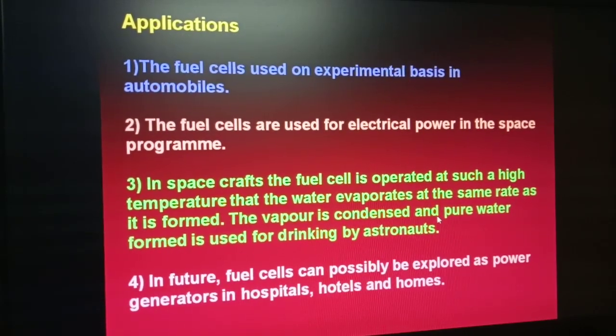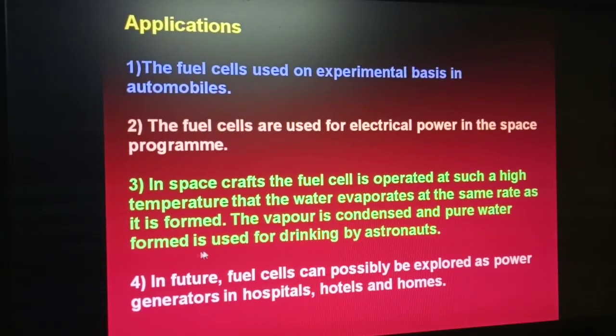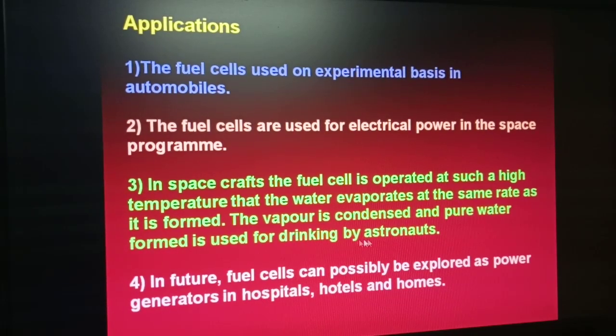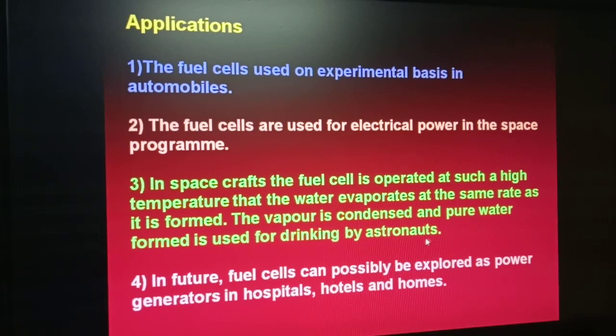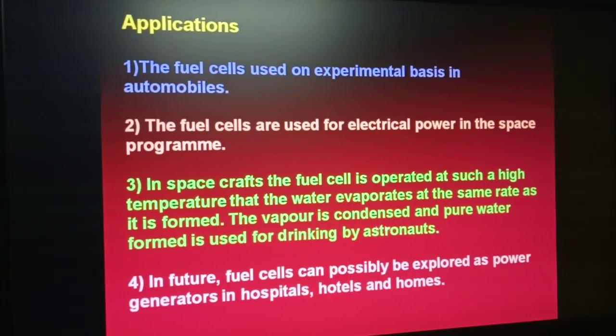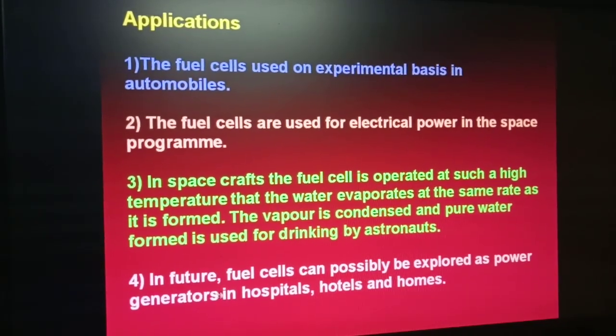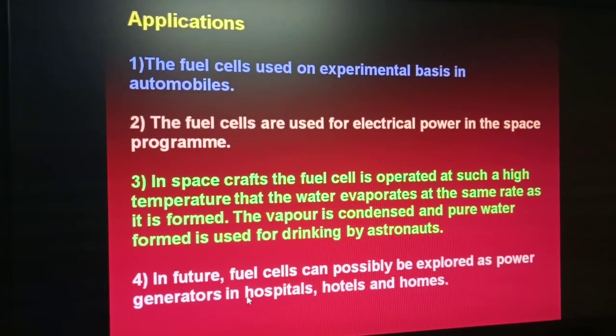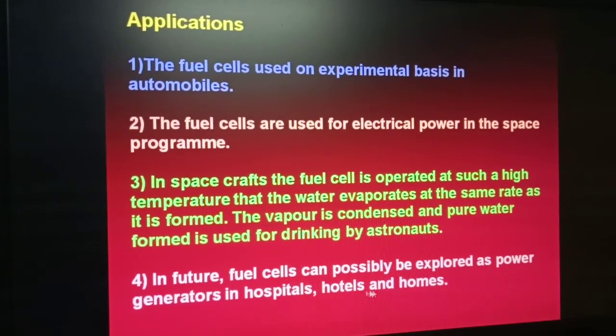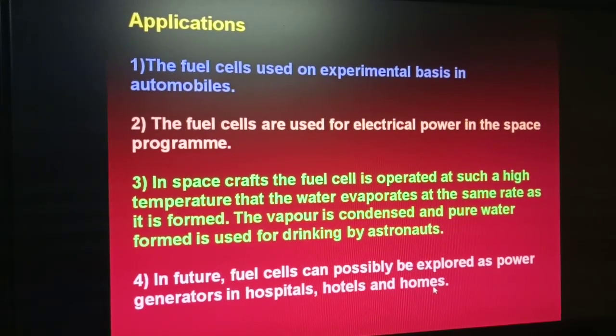The vapor is condensed and pure water formed is used for drinking by the astronauts. Astronauts are those people who go for space study. In future, fuel cells can possibly be explored as power generators in hospitals, hotels and homes.